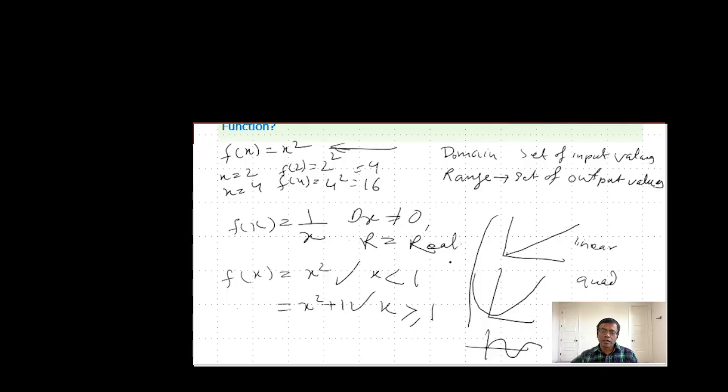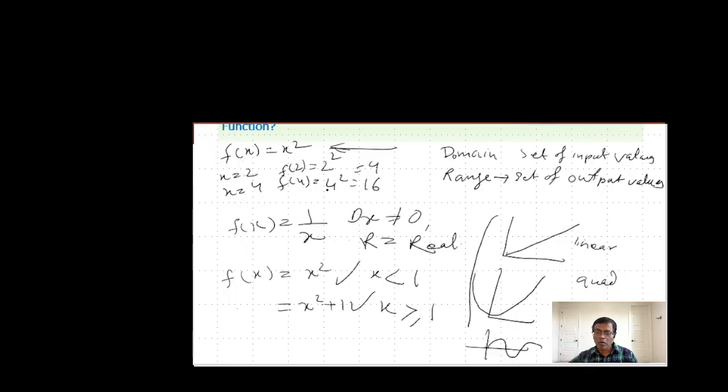There is one important concept which we need to test in order to call an expression a function. That concept is that for every value of x, there has to be only one value of the function. There cannot be two values.